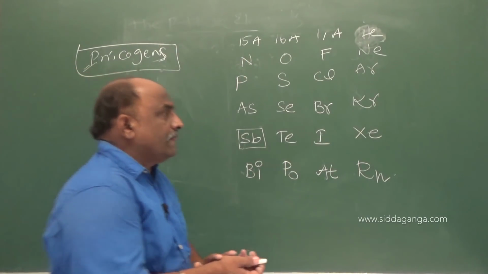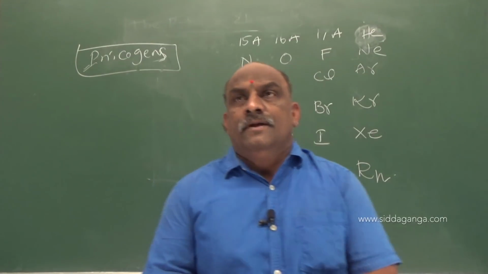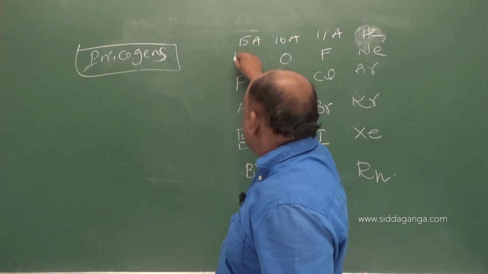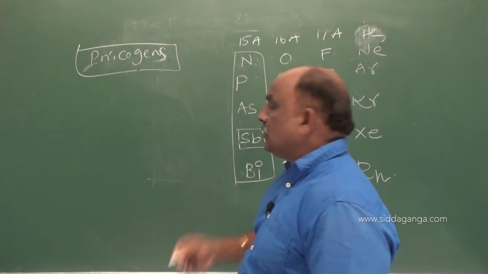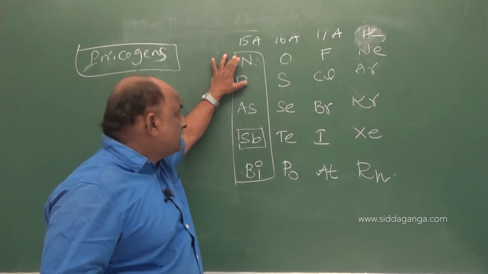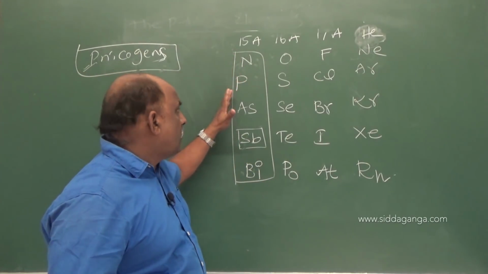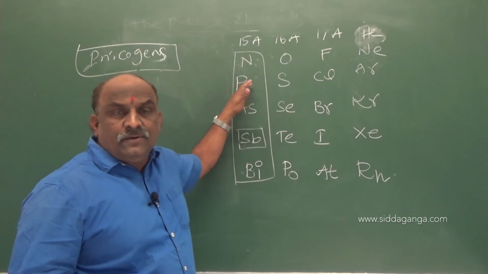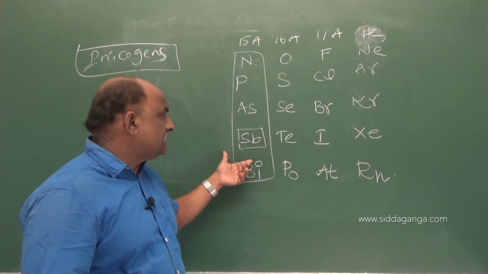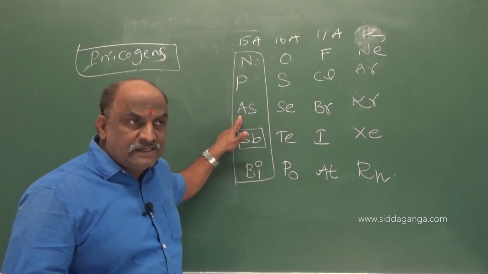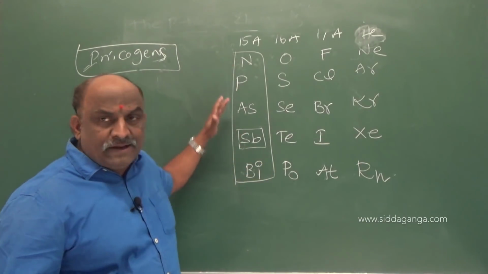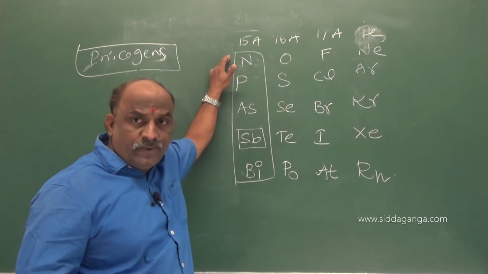From the NCERT and syllabus point of view, I would like to explain the occurrence, general trends, physical properties, chemical properties, preparation of nitrogen, preparation of ammonia, preparation of nitric acid, and preparation of phosphorus and oxyacids. In a systematic manner we can explain topic by topic.